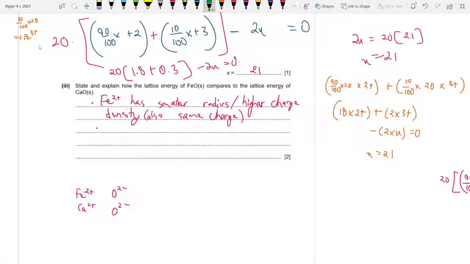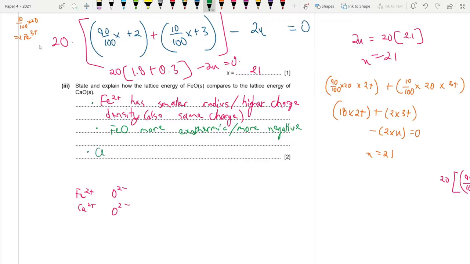The second point is, iron oxide has a more exothermic, or you could say it has a more negative lattice enthalpy comparatively. Now we're going to give a reasoning. Why is it more exothermic?